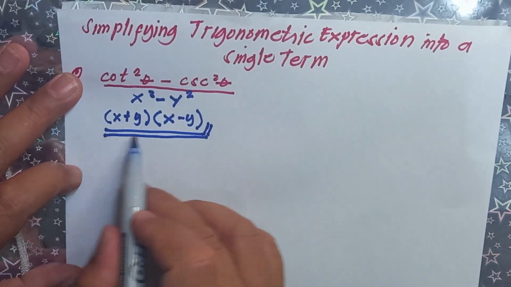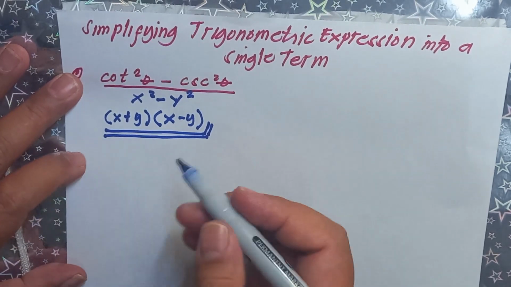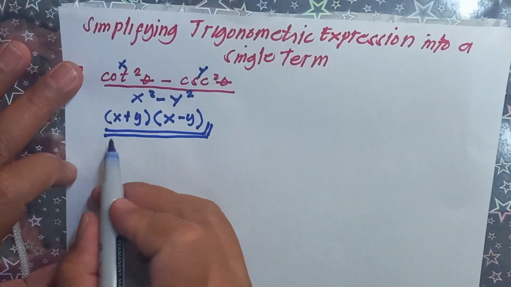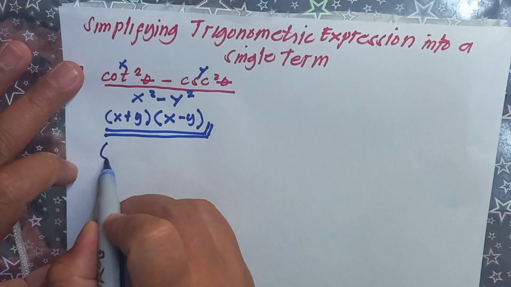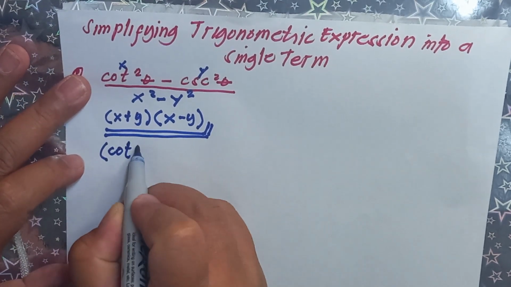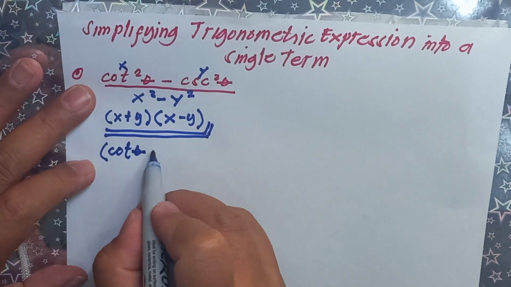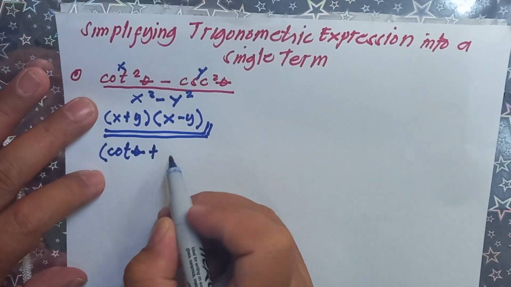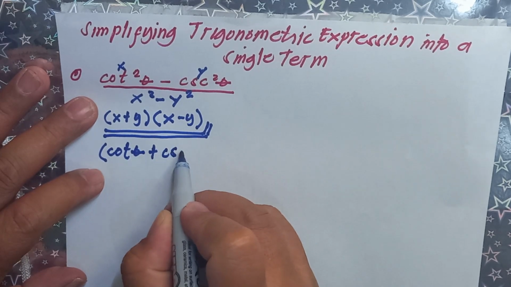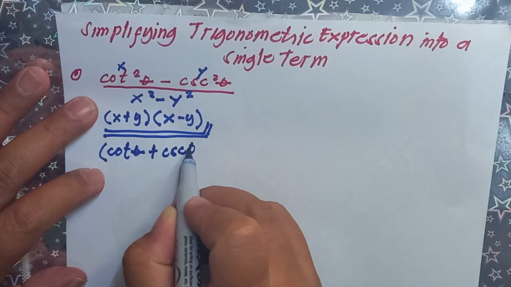So if this is your x and this is your y, we just say cotangent theta plus cosecant theta.